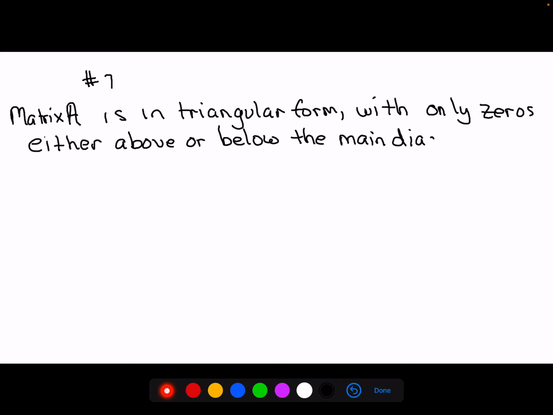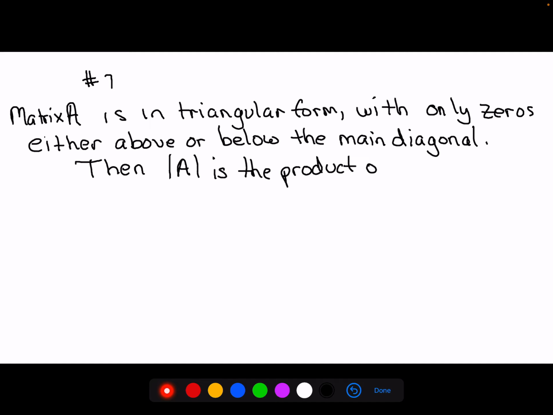It just has to be one or the other. It doesn't have to be both. Then our determinant of matrix A is really easy peasy. It's the product of the elements on the main diagonal of A.